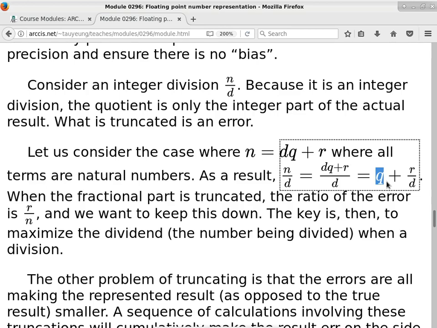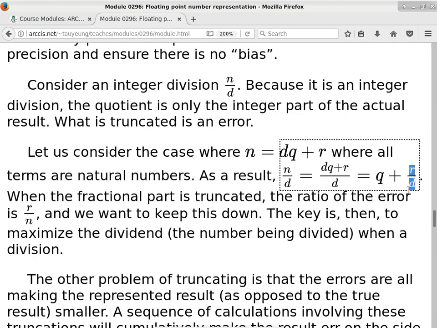Your remainder is always less than the divisor, right? So what we are losing, by taking the floor function or by truncating, is this part. This part is gone in an integer division. So if this part is a big portion compared to q, then we are losing a significant portion, which is not good. So we want to minimize.